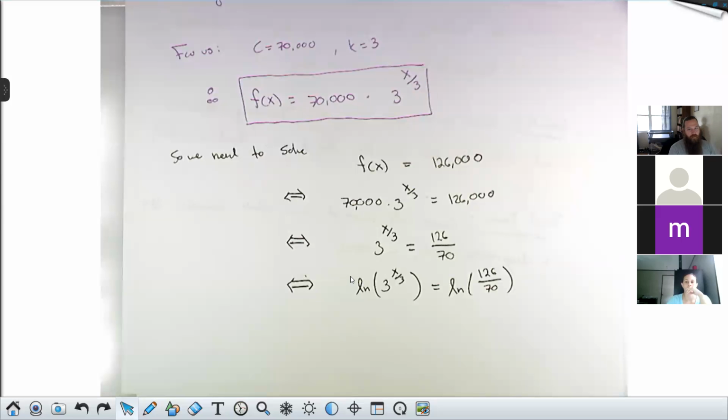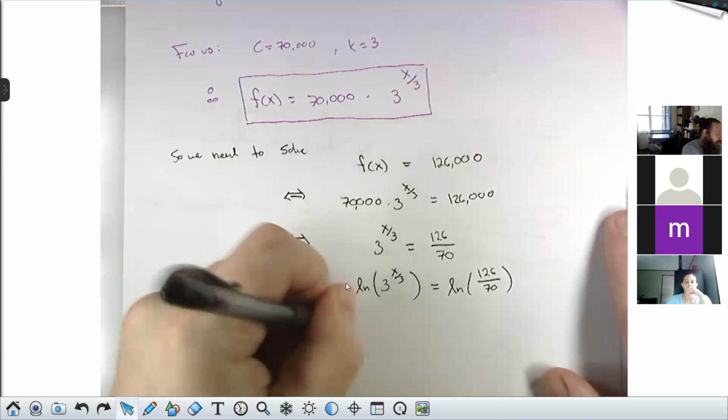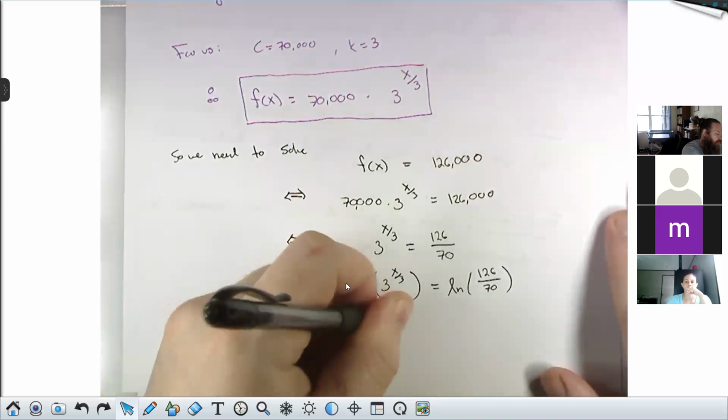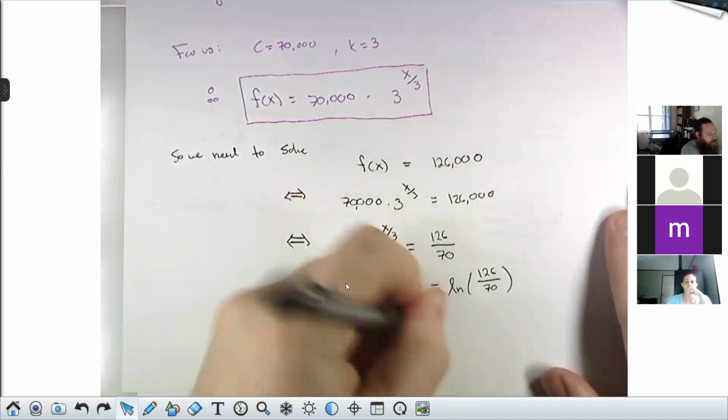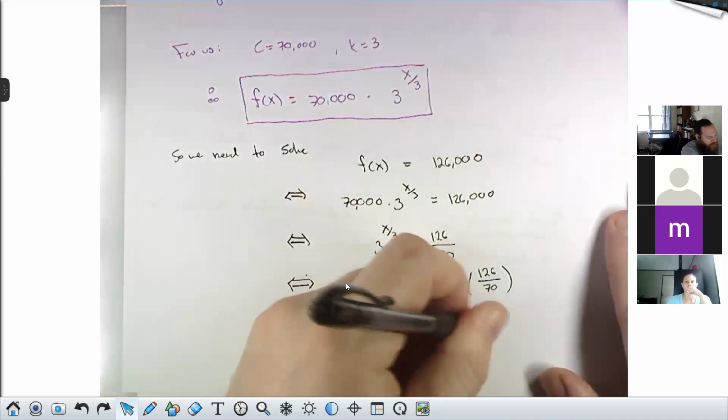Now on the left-hand side, this power can come down in front of the logarithm. So this is x over 3 times the ln of 3 equals the ln of 126 over 70.